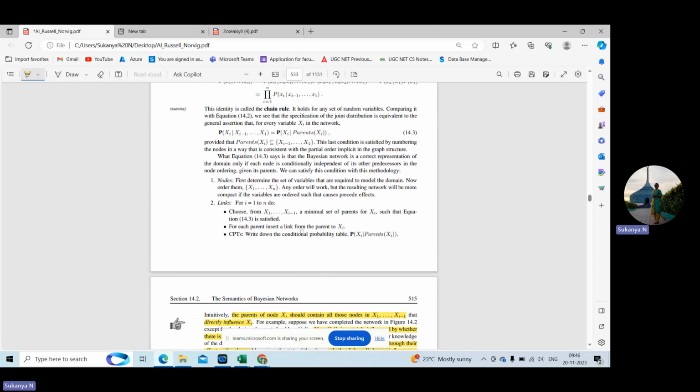In this example, we were saying that Mary and John will call once they hear the alarm, though in some cases they may miss the alarm too, right?